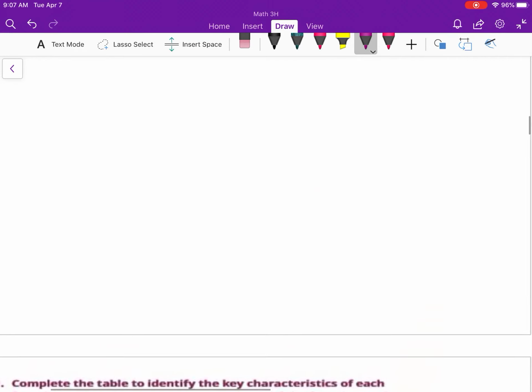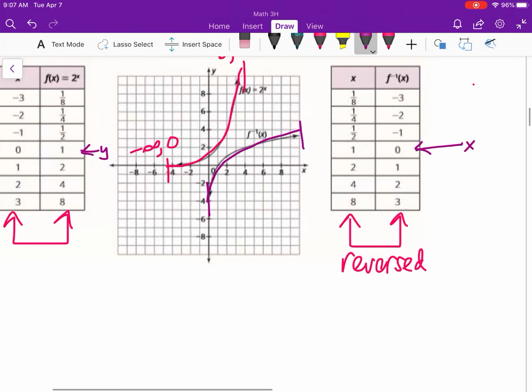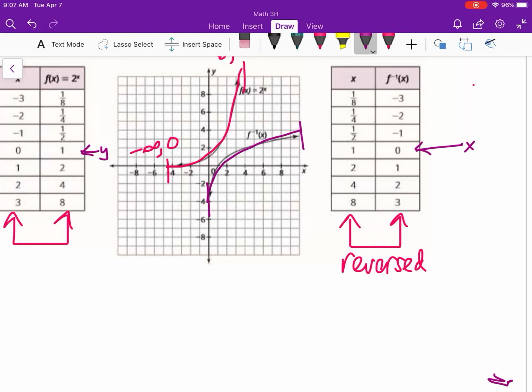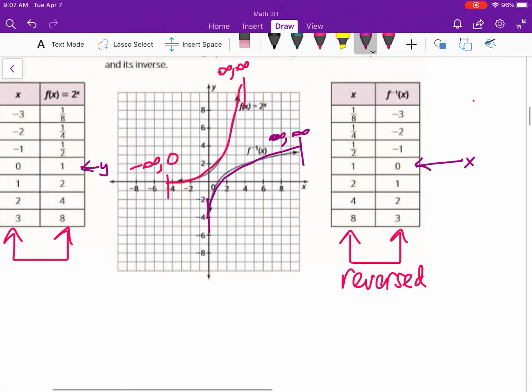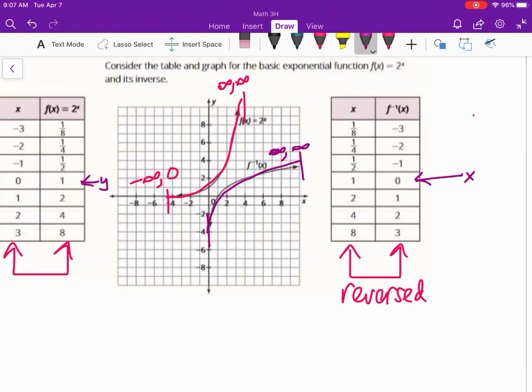And then if you go back to the graph one more time, my end behavior here goes from positive infinity to positive infinity. And then this one here, I think I made a mistake on the chart, I'll fix it.